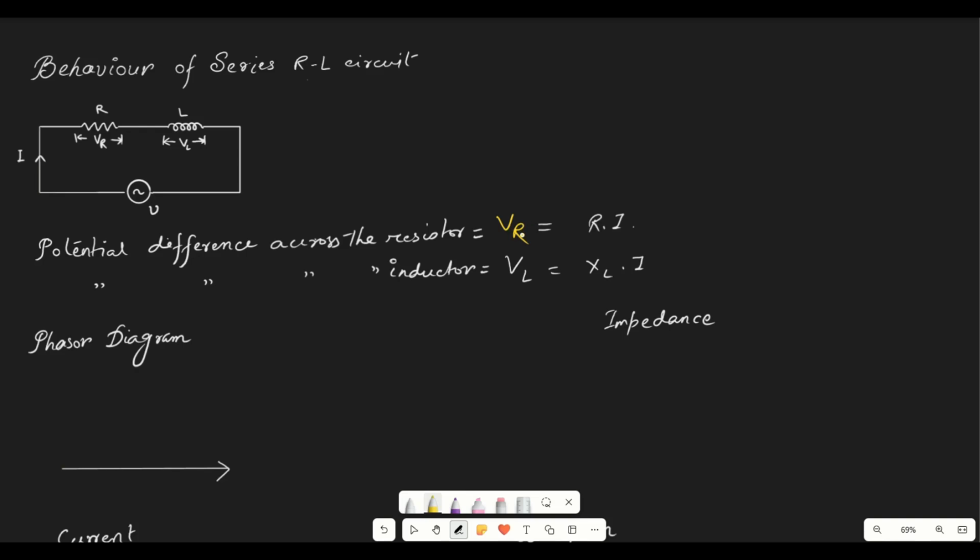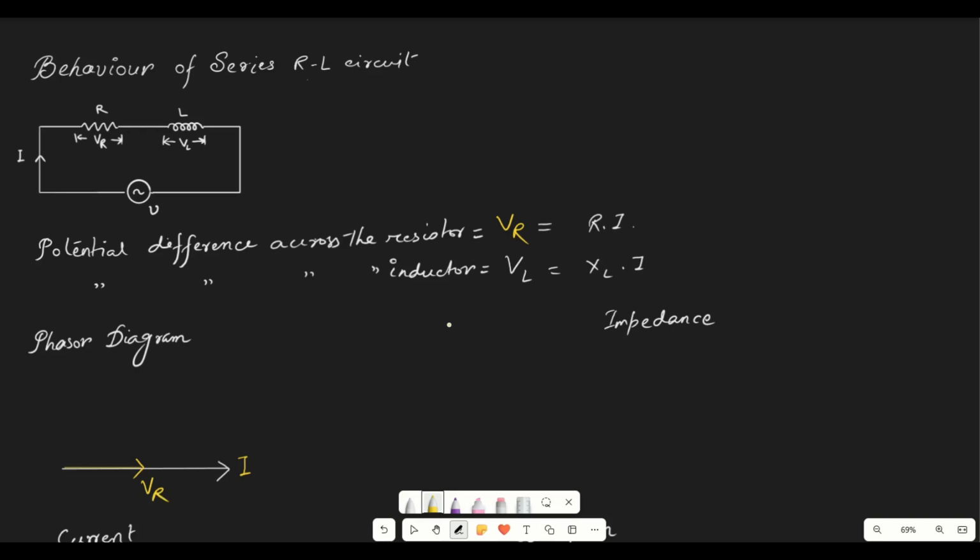Now if you draw the phasor diagram, it will contain two voltage components, VR and VL, and one current component. Let us consider the current phasor to be fixed, given by this line. As we already know, the VR phasor will be in phase with the current, so let us consider this to be our VR.